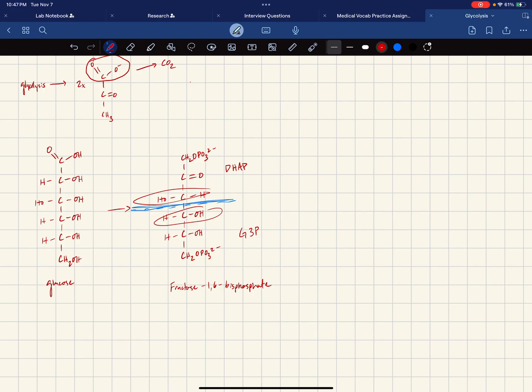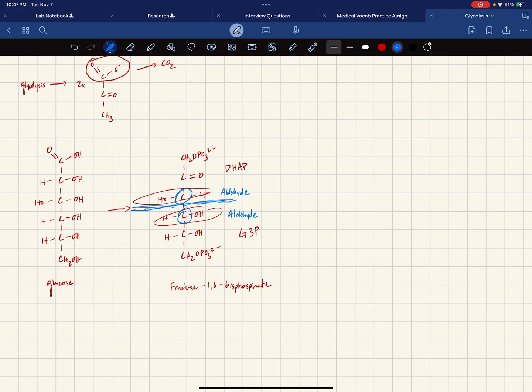Now, as a result of that, we know that this carbon right here will become the aldehyde, and this carbon right here will become the aldehyde for glyceraldehyde 3-phosphate.